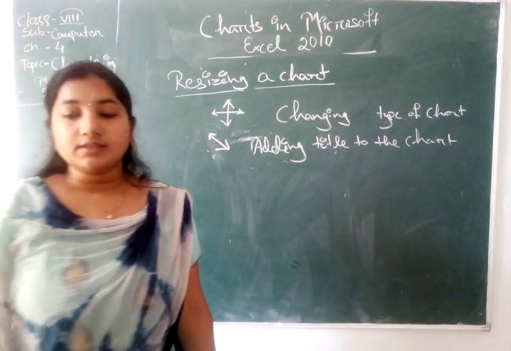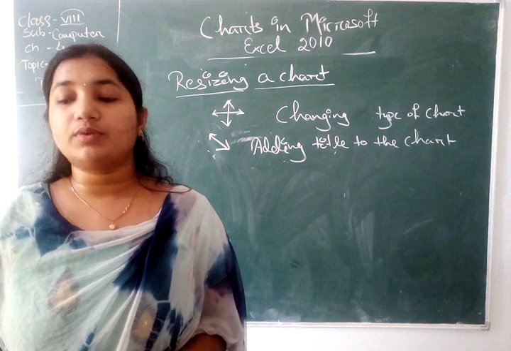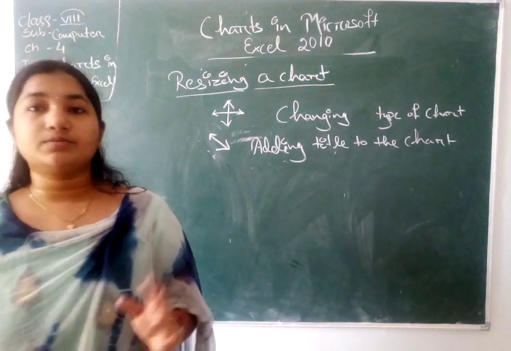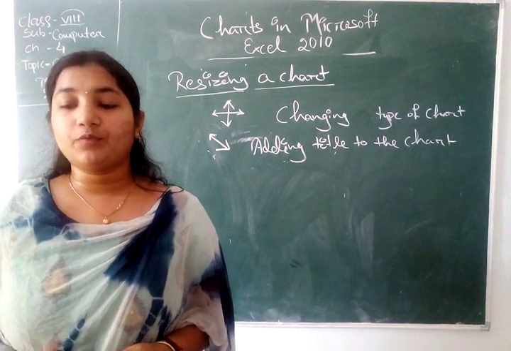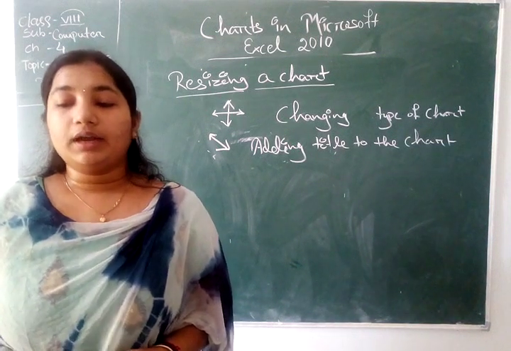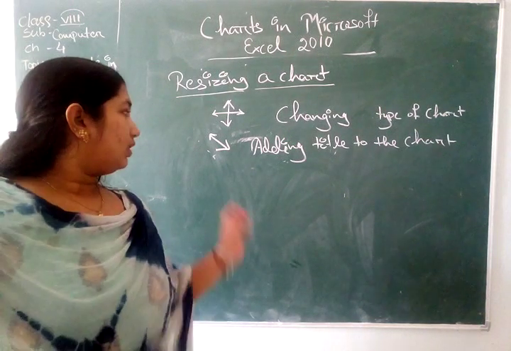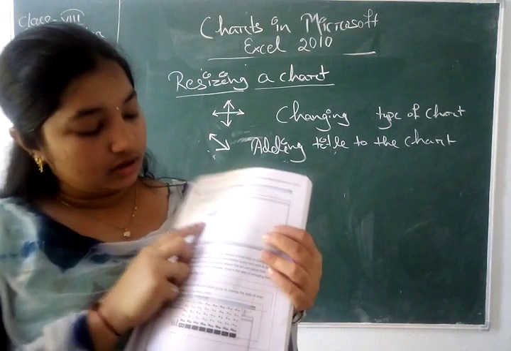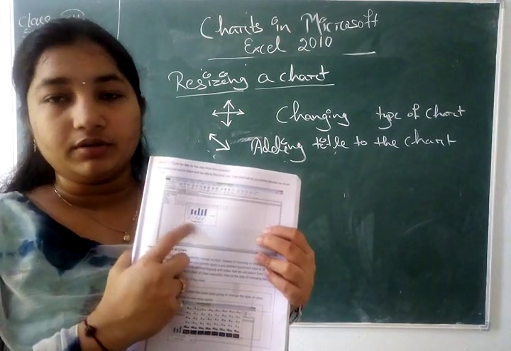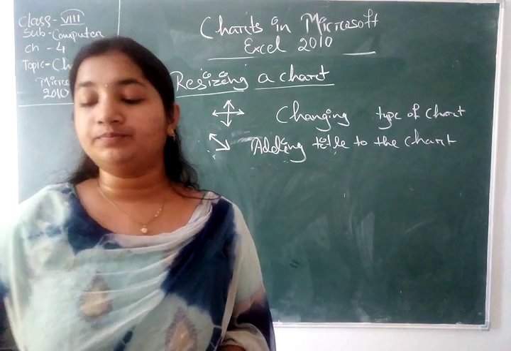After all the things, the title for the x-axis, by the help of the keyboard, we can give the title to that information. After that, we click on OK, and the title of the chart will appear. Here the title of the chart has appeared, so we know what information it is carrying.